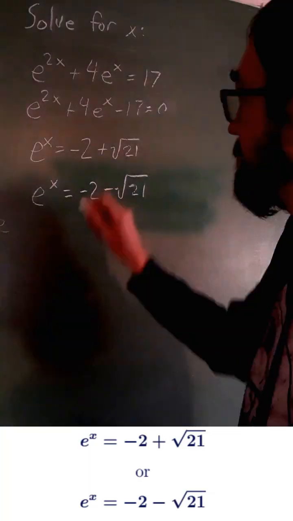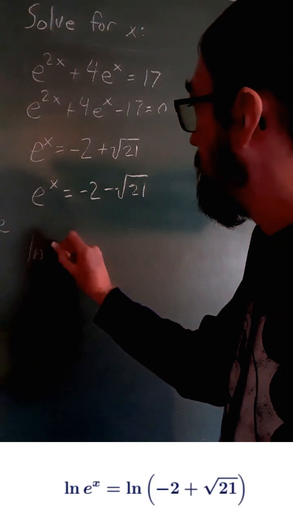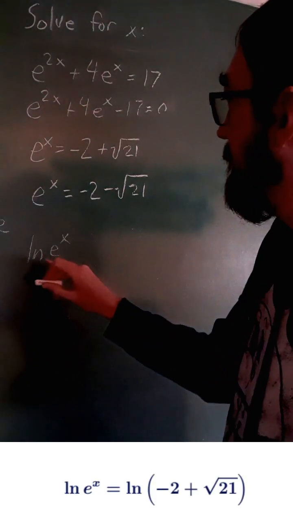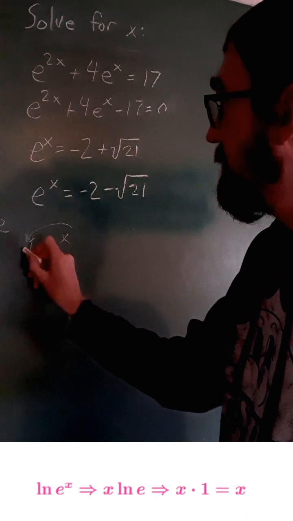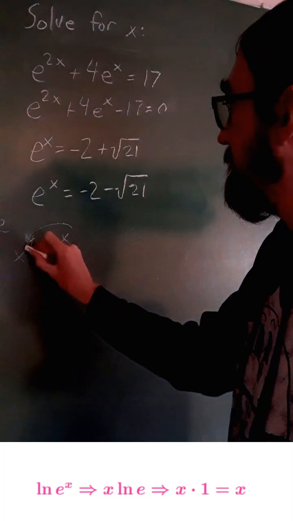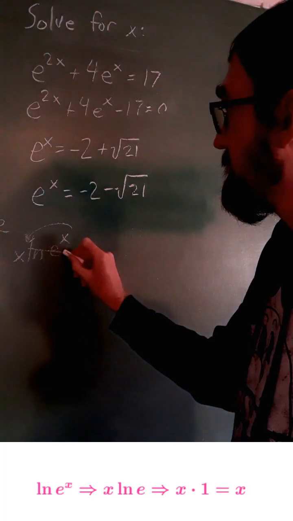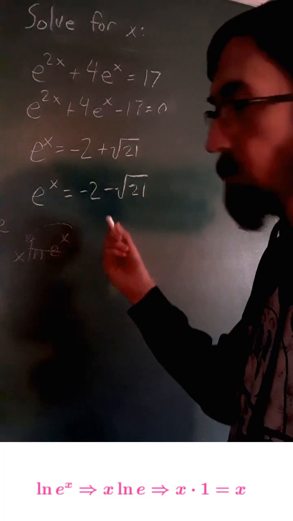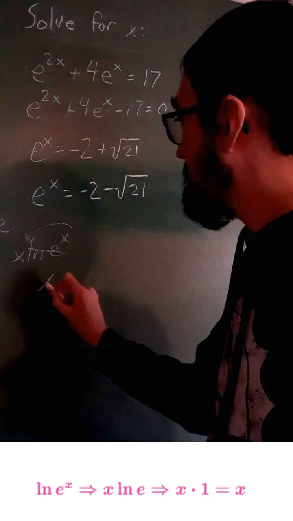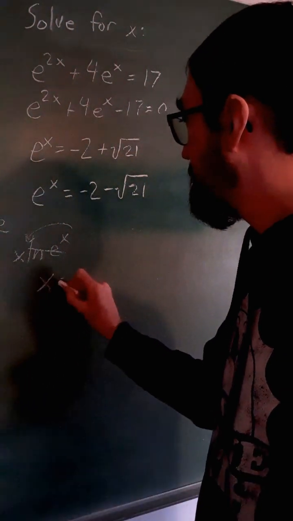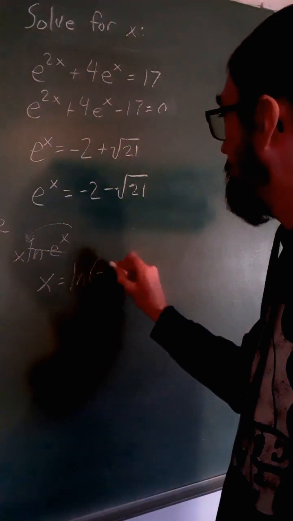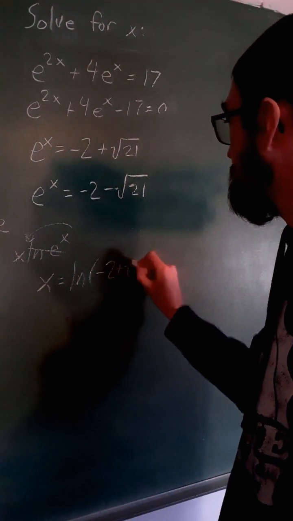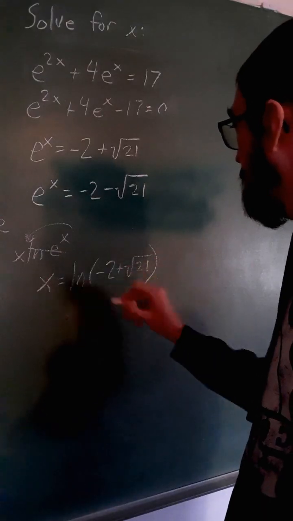both sides. This one, we're going to take the natural log of e to the x. The power rule brings this x down, and then due to inverses, this goes to 1, leaving us just x equal to the natural log of negative 2 plus the square root of 21.